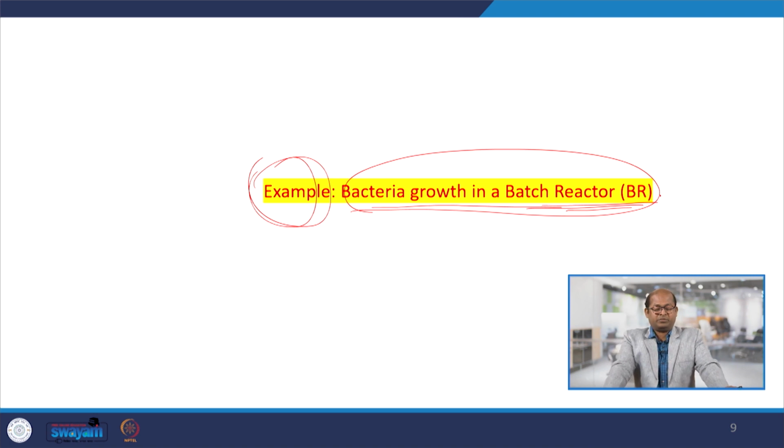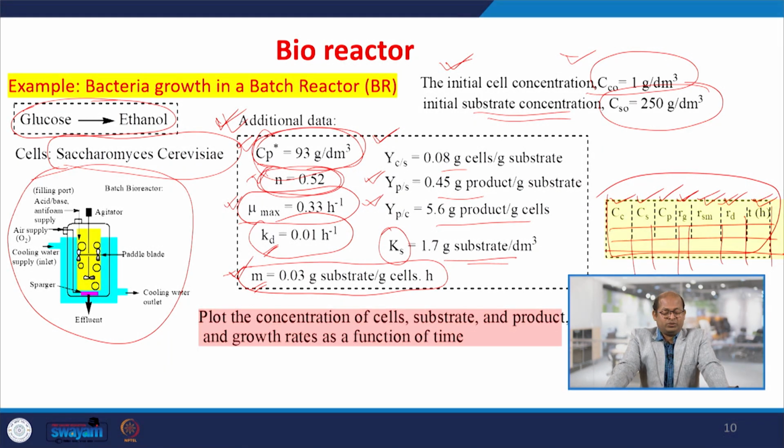How to solve this, we have discussed. Here I am summarizing two things. We have done the mass balance for cell, substrate and product, and derived the different balance equations.